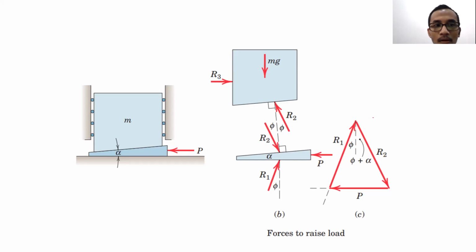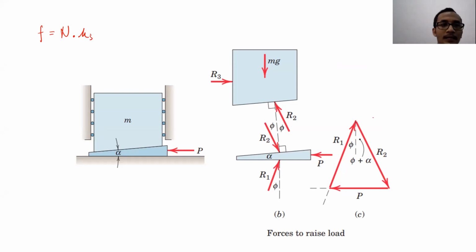So most of the time we always deal with the condition of impending motion for the wedge. That's why most of the time the friction force is normal force multiplied by mu s, directly like that.